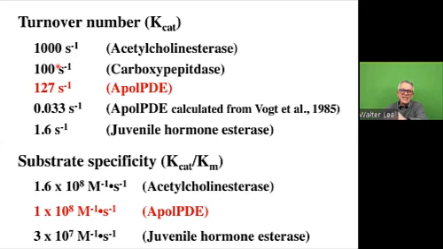Acetylcholinesterase is dealing with a place where no other substrate is there. The only substrate is acetylcholine, basically. So acetylcholinesterase does not need to be that specific. It's good to have high specificity, but it does not need as high specificity as a pheromone-degrading enzyme, which gets hit by lots of compounds coming from the air, reaching the antenna of the insect.